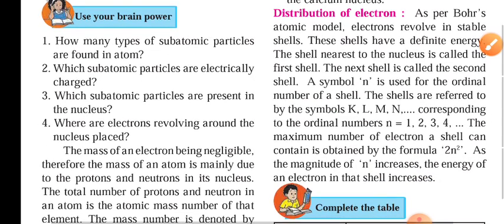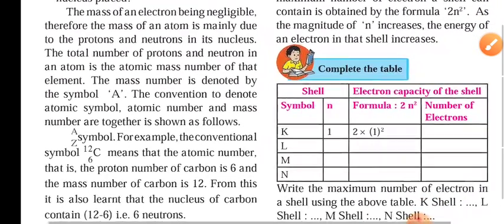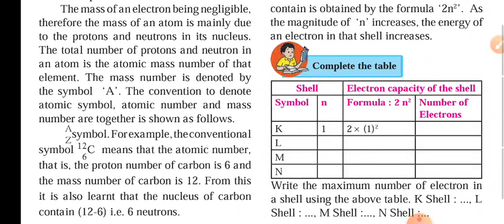The mass of an electron is given as negligible. Therefore, the mass of an atom is mainly due to the protons and neutrons present in the nucleus, and that's why it is said that the mass of an atom is concentrated in the nucleus.